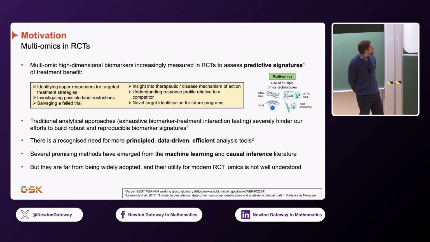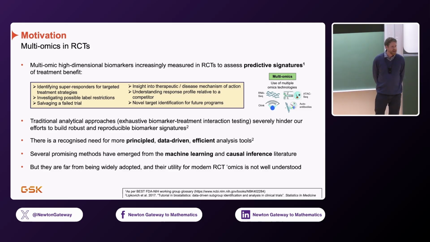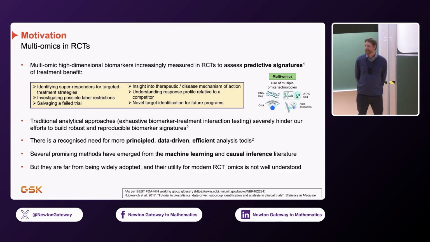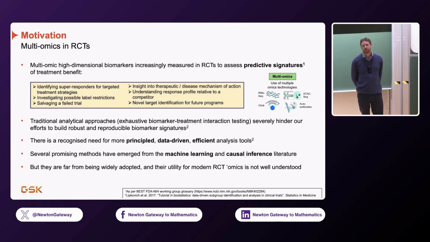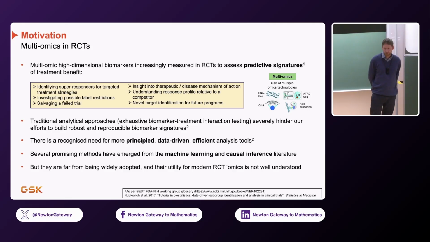But I think it's fair to say, and if anybody in the room knows differently, I would happily be put right on this, that these methods are largely untested for the problem of characterizing predictors of efficacy from high-dimensional omic panels in trials.